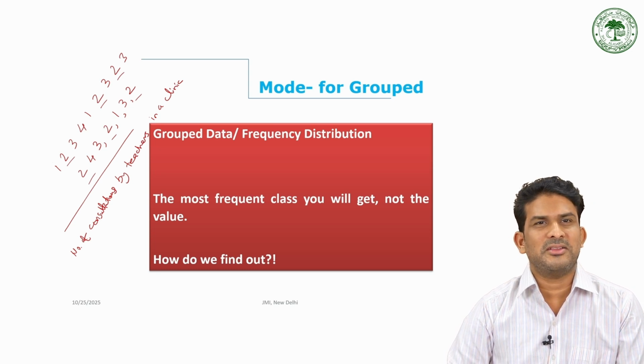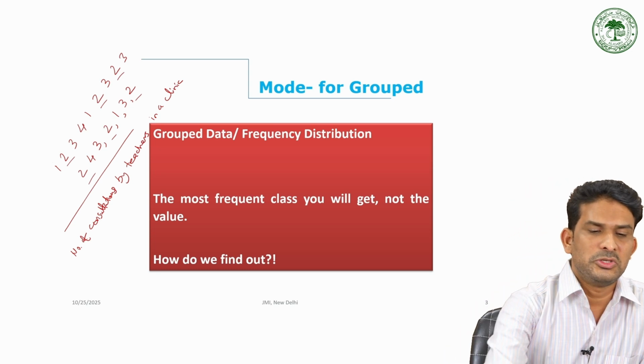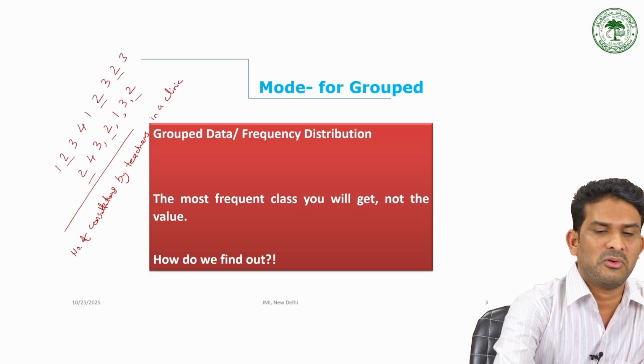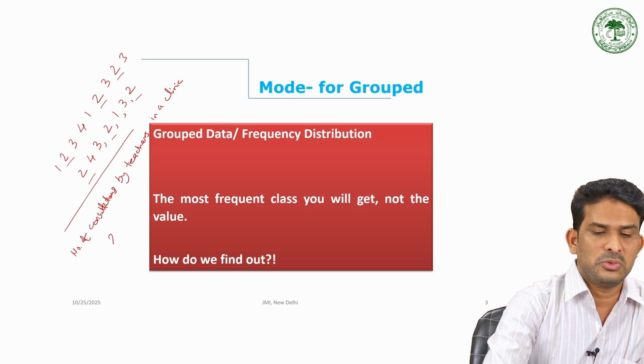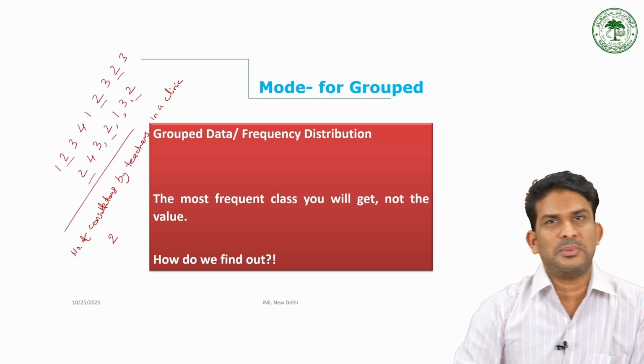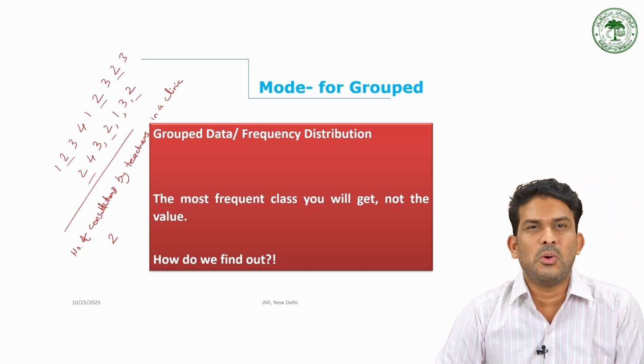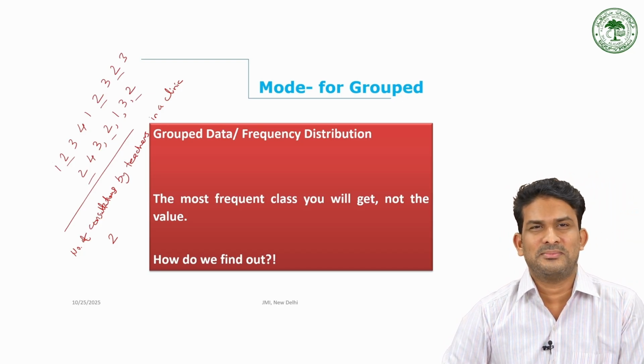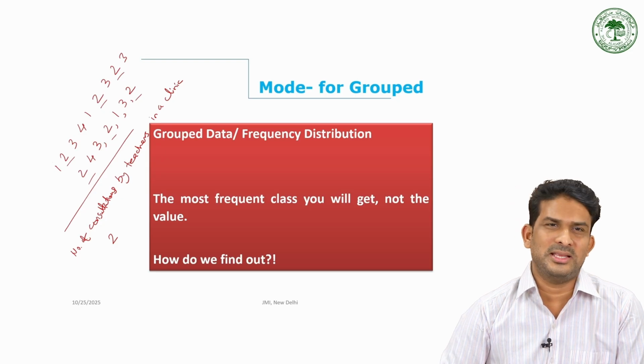So here we can identify the most repeated is 2, repeated 6 times. So 2 is the mode of this raw data. It is the most repeated item.